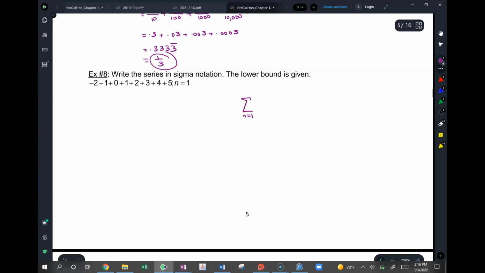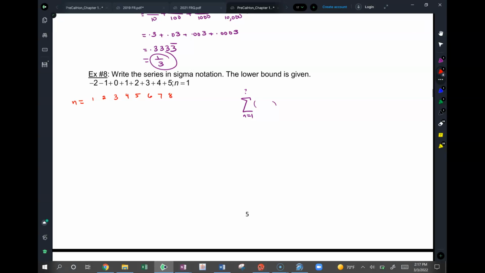Now we just have to figure out what goes here and what goes here. That should be easy, right? Well, let's see. So here's what you're going to do. If the lower bound is n equals 1, let's put down all of the n values here. 1, 2, so that's n equals 1, 2, 3, 4, 5, 6, 7, 8.